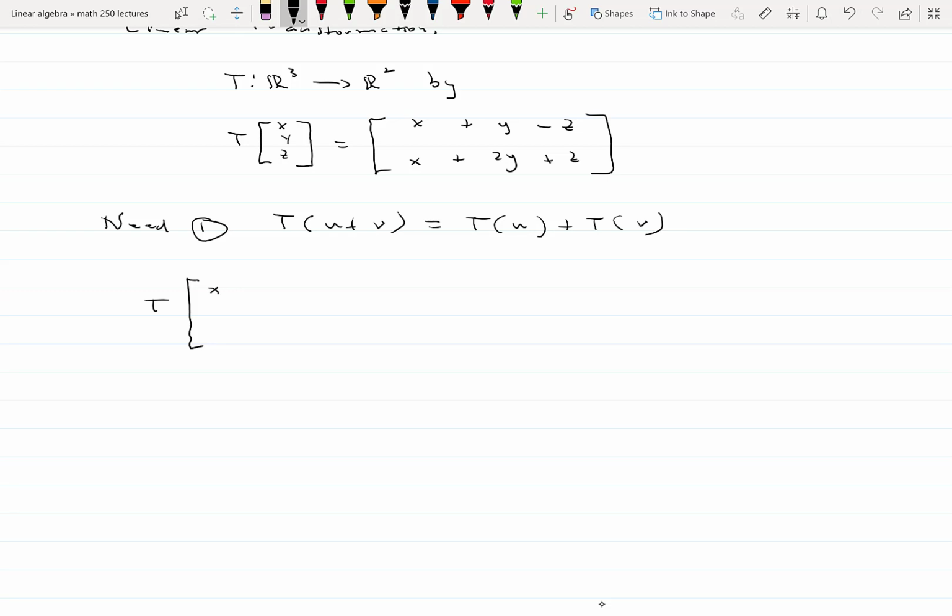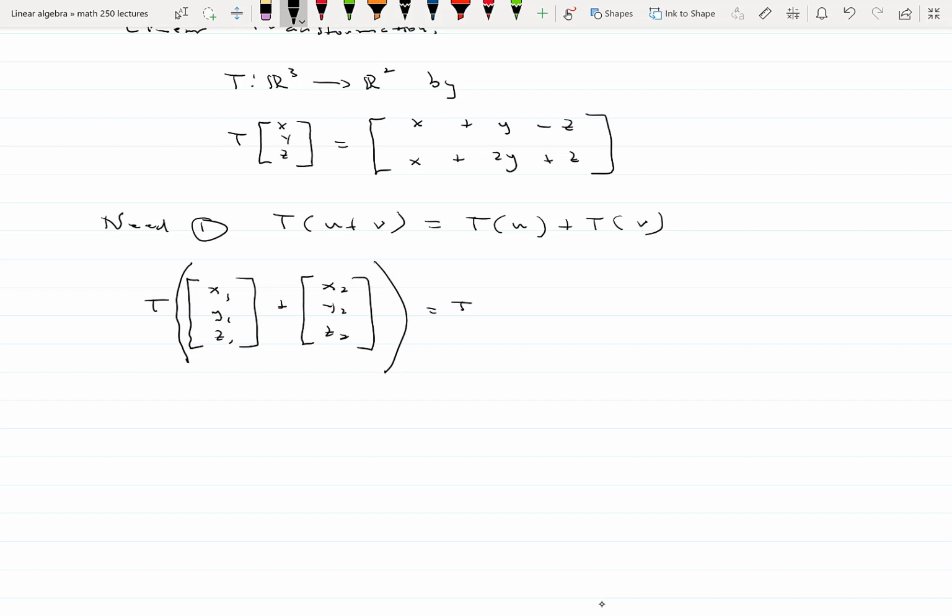So there's one thing from R3, x1, y1, z1. That's our u, and here's v: x2, y2, z2. Okay, and I'd like to see what the function takes this sum into.